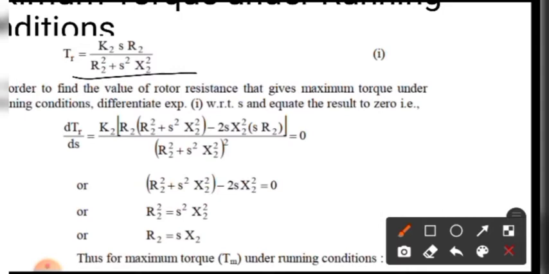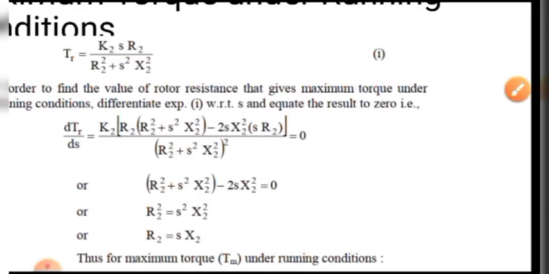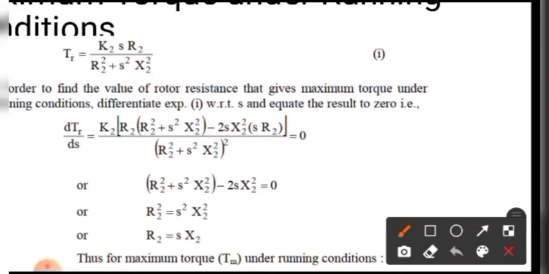Here this term and this term are cancelled, R2 and this R2 are cancelled. So the equation becomes R2² + S² X2² − 2S² X2² = 0. Here I only wrote 2S, instead of 2S it should be 2S².